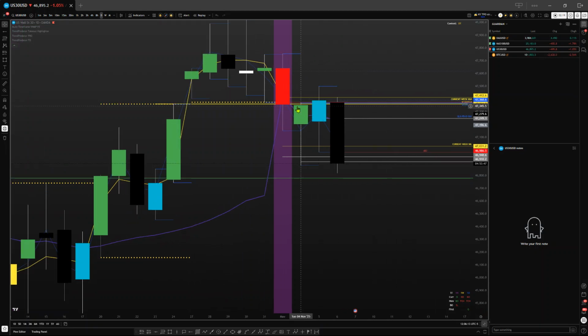And then we've got a switch bar here on the daily chart. So we've got a market that broke out to the upside. And then this is the switch level. So anything below this area on the chart is going to be bearish for my day ahead.